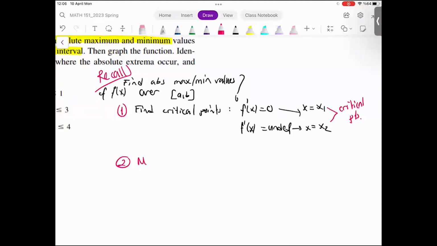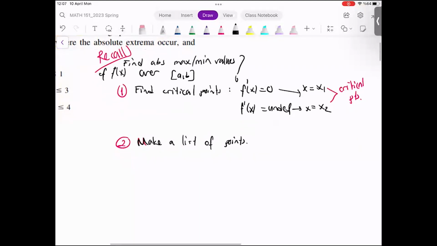we will make a list of points, including critical points and also the endpoints. So, which list am I talking about? x1 and x2, these are coming from the critical points.